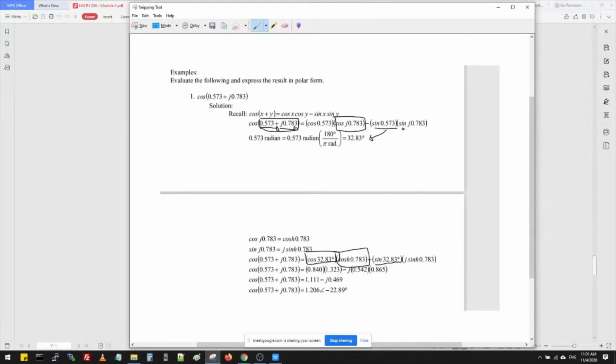And for the sine j, this is in hyperbolic, so convert it to sinh of 0.783. Then proceed with the computation. So that is cosine 32.83, then cosh 0.783.